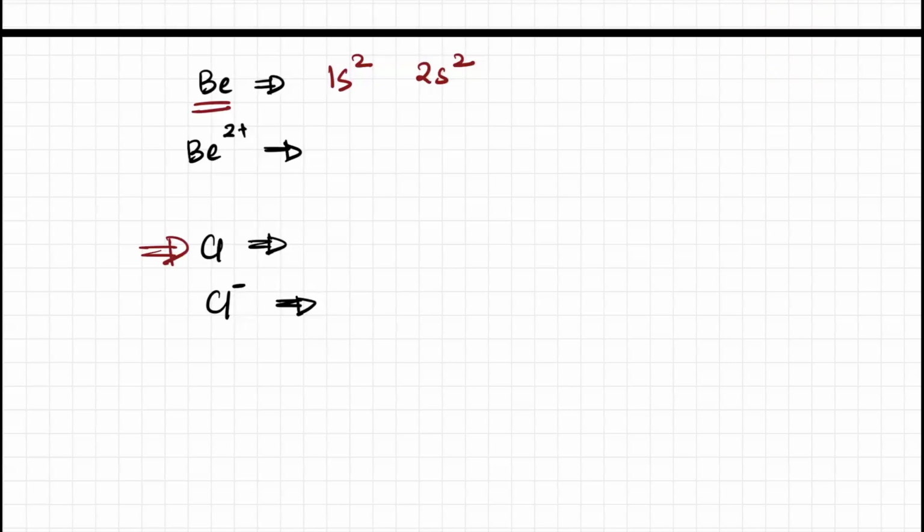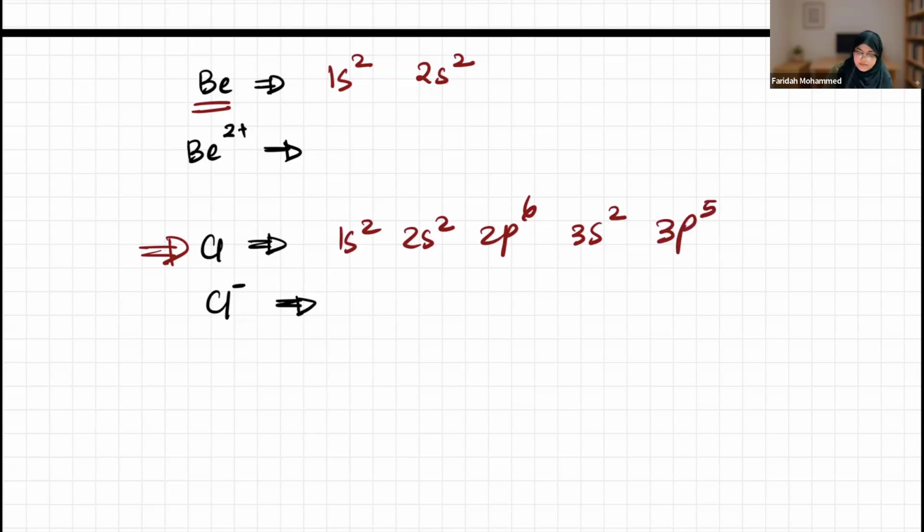Cl is 1s2, 2s2, 2p6, 3s2, and then 3p5. Okay, good. Even with drawing the configuration, you already know Be has 2 shells, Cl has 3 shells. That's pretty large. Cl is larger than Be.